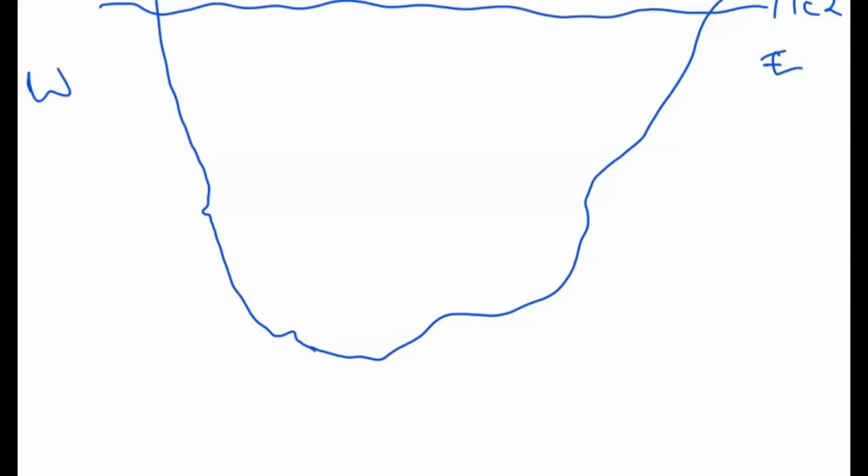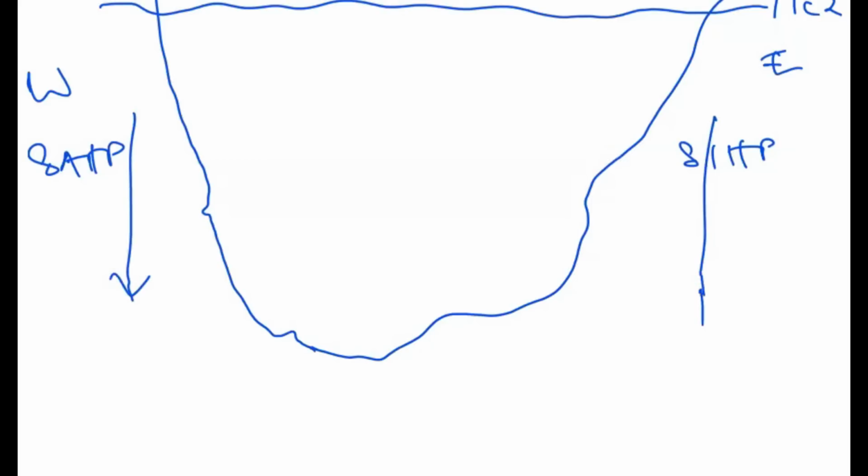We also tend to find that our subtropical anticyclones, we have the South Atlantic high pressure and the South Indian high pressure. When it's summer, they also move latitudinally with the movement of the ITCZ going to the south.